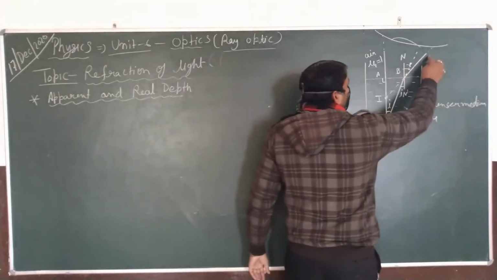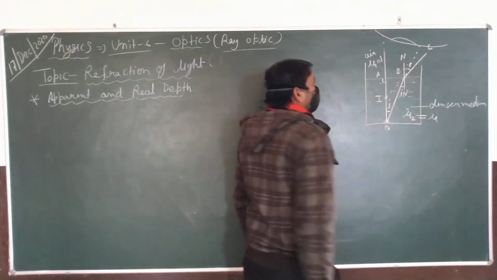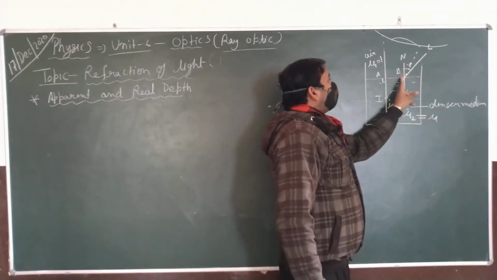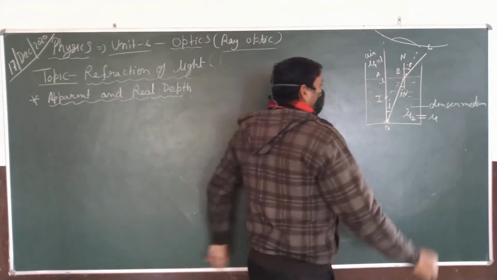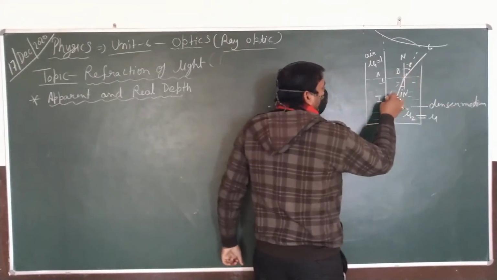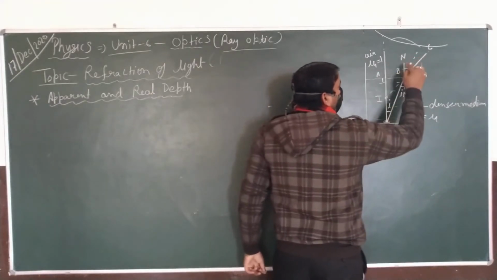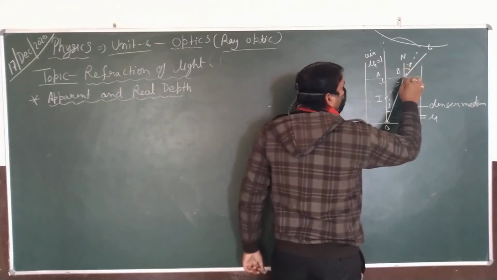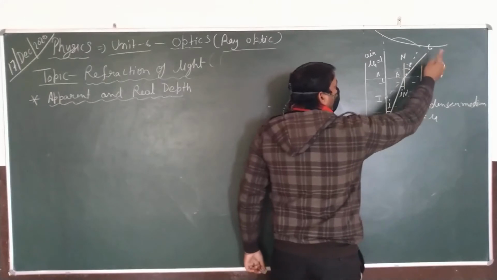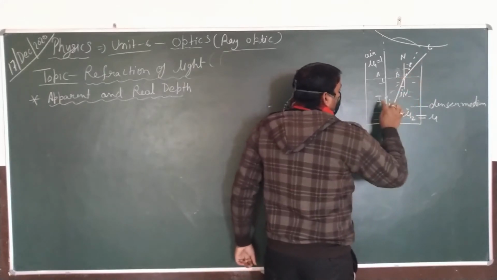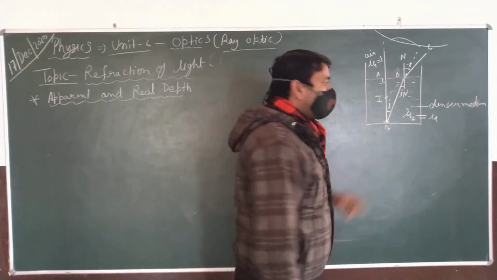And let's say this is C, when the ray BC is produced in the backward direction, then it meets OA at I, therefore the angle NBC is equal to angle IBO because of co-interior angles.